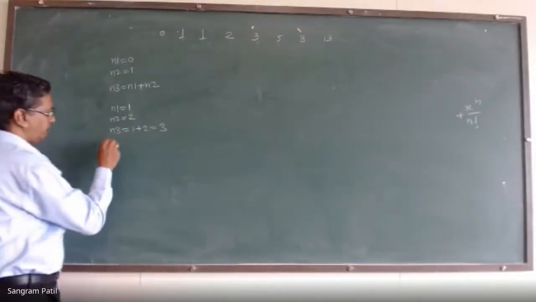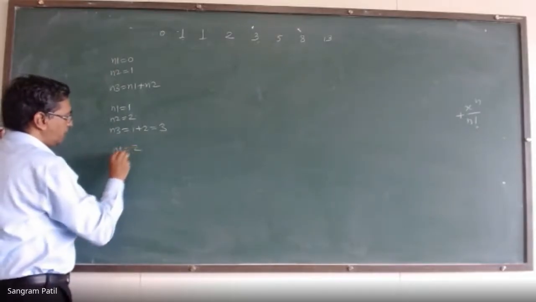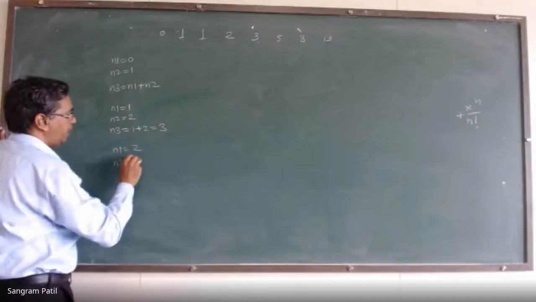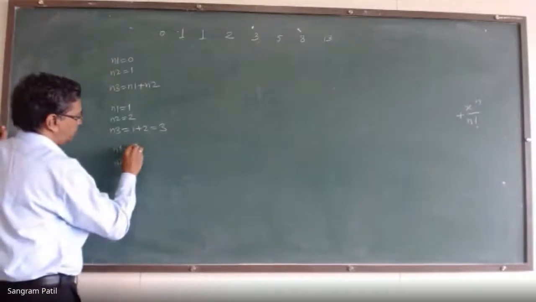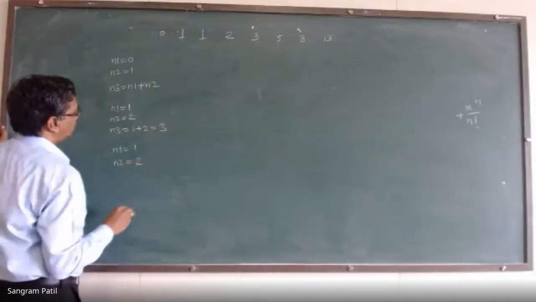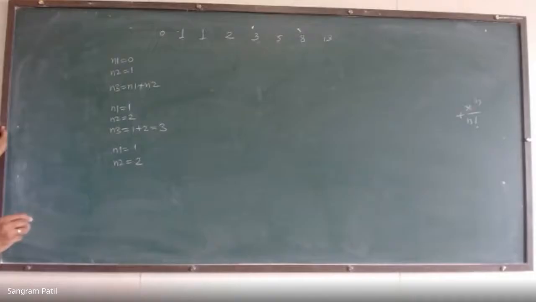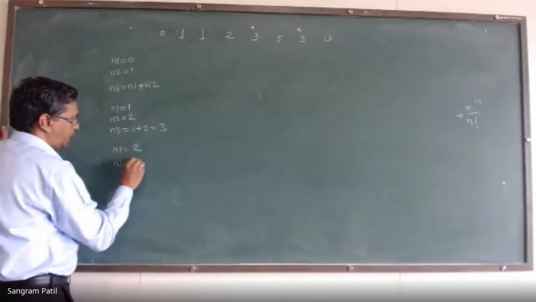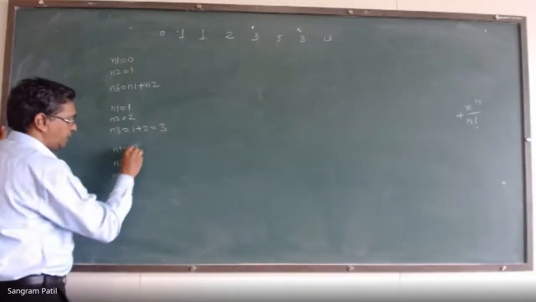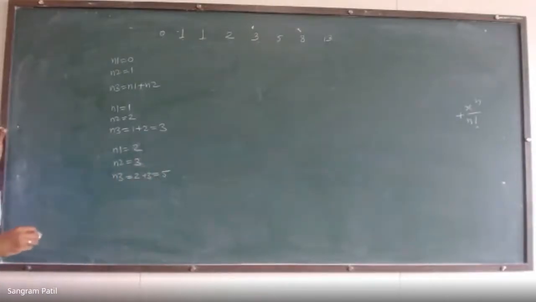Next time, your n1 becomes 2, n2 becomes 3, and n3 becomes 2 plus 3 is 5.